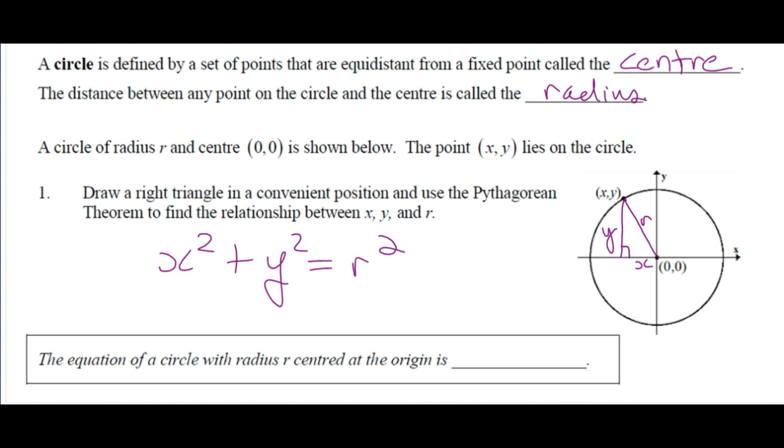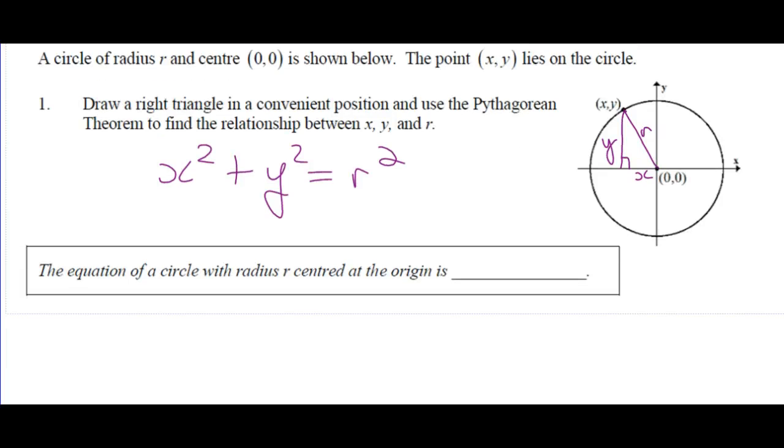The equation of a circle with radius r centered at the origin is the exact same thing: x squared plus y squared is equal to r squared, because this circle is centered at the origin. It means we don't do conics anymore.